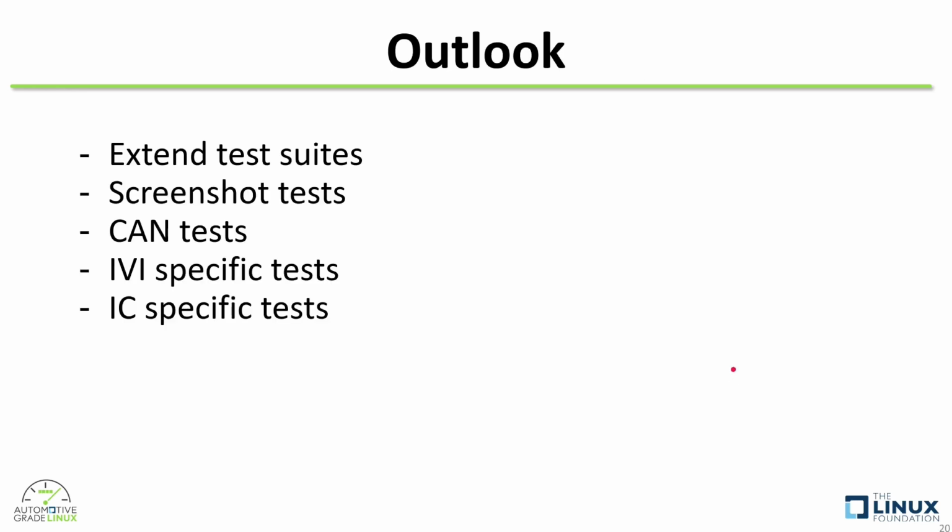So the next steps for AGL are to extend the test suites. The infra is in place. We worked a lot to get things to a state where we can use it. We now have full graphical support, so we can also do screenshot tests. We have deployed the audio jigs everywhere.